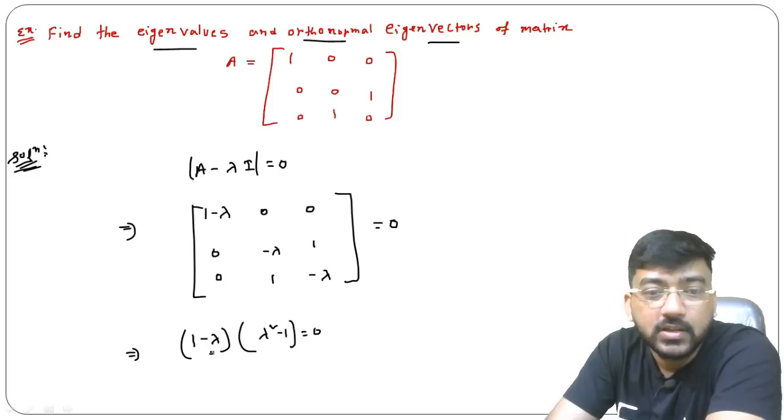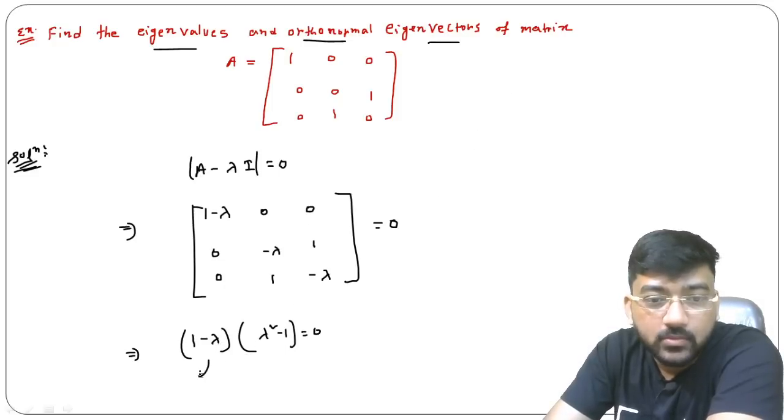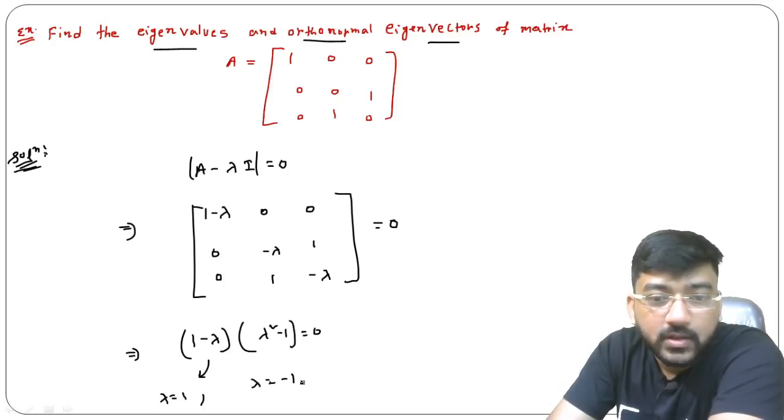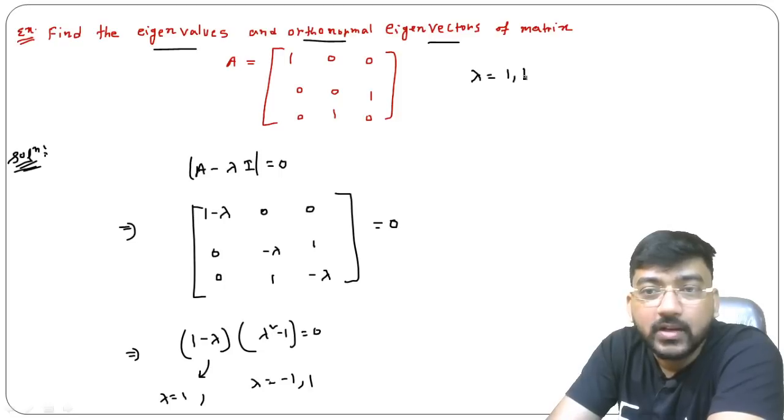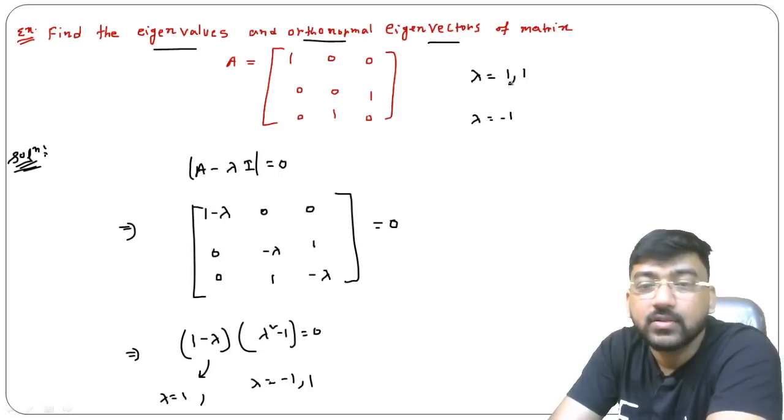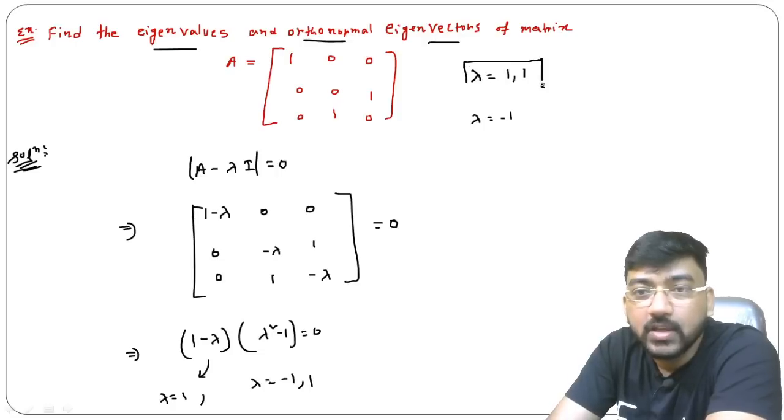Now from here, let me analyze this result, it's very important. From here you will get lambda is equal to 1, but from the other factor you will get lambda is equal to minus 1 and plus 1. So now what you have in your hand is lambda is equal to 1 and 1, and lambda is equal to minus 1.